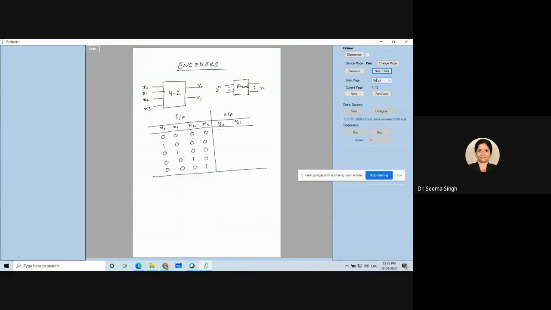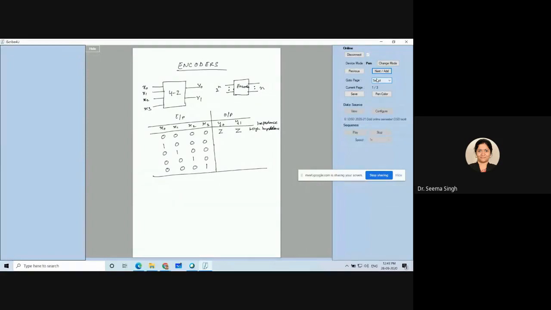So we say that the output is high impedance. Okay, that means it is not in working state. I will write it cleanly again. High impedance.